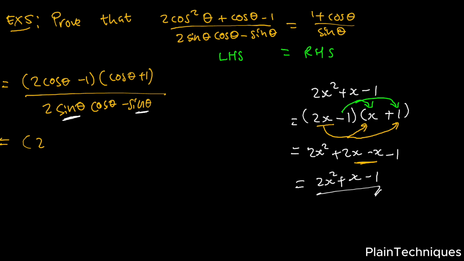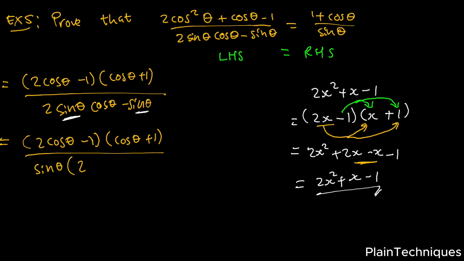I'm going to rewrite the numerator like that, and then take sine theta as a common factor. Then I'll be left with 2 cos theta minus 1.